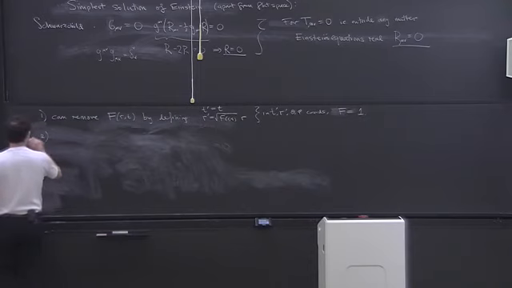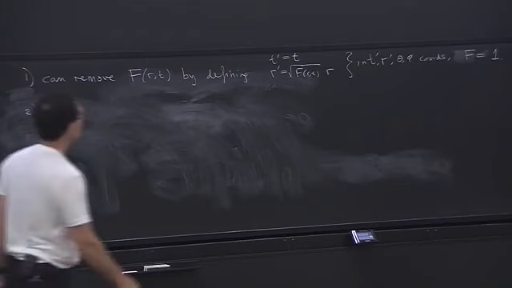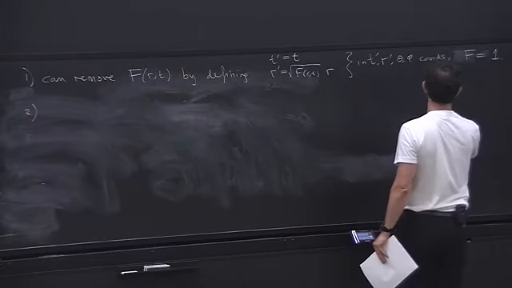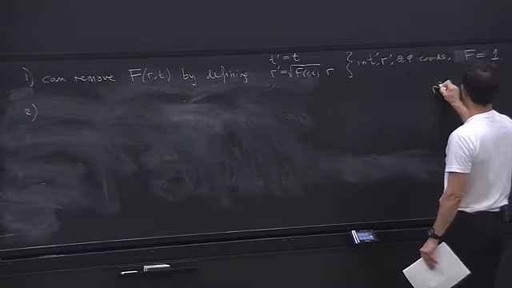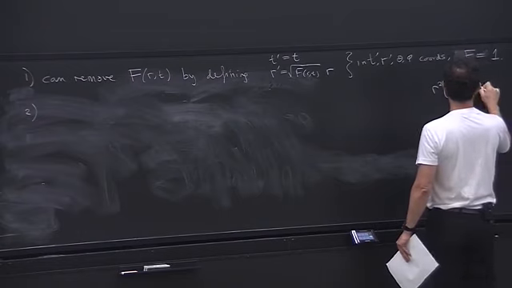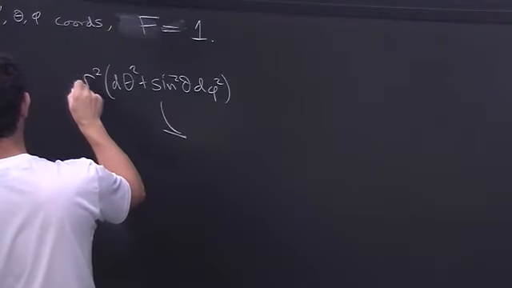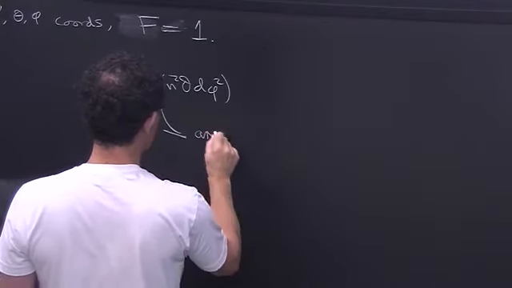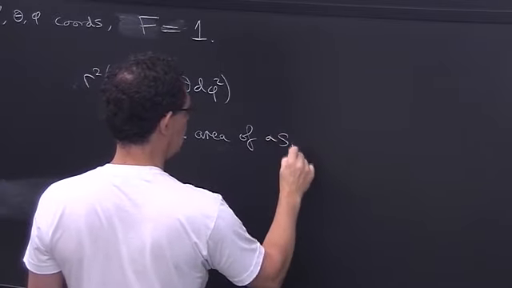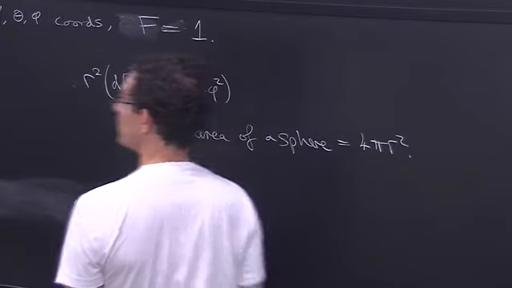So that's very easy. We've just picked new coordinates. By the way, those are kind of nice coordinates because when I go around a sphere, all I change is theta and phi. And if the line element is this, with coefficient 1, this means that the area of a sphere equals 4 pi r squared in these coordinates.